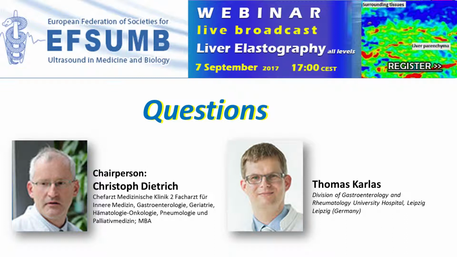On the other hand, it's a small region of interest, and results may be influenced by the choice of the region. And in 2D shear wave elastography, you have a wider possibility to put your region of interest. You have an optical feedback that you have a good measurement position, but still some of the methods require further evaluation, especially regarding the many modifiable factors such as region of interest, size, position, etc.